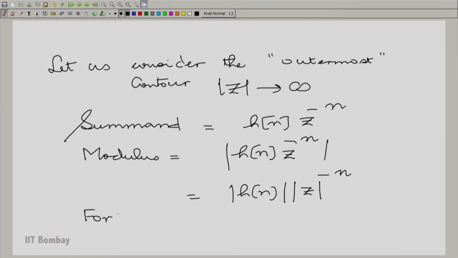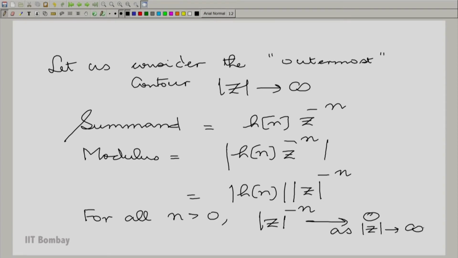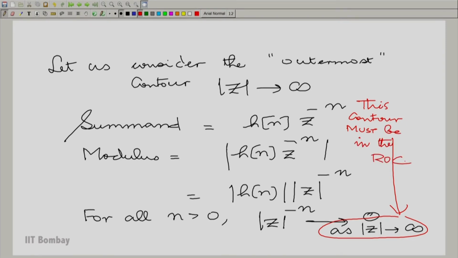Now, for all n greater than 0, mod z to the power minus n tends to 0 as mod z tends to infinity. That is very simple to see. So, it is very clear that mod z tending to infinity is a contour that must be in the region of convergence, and we can show that graphically.